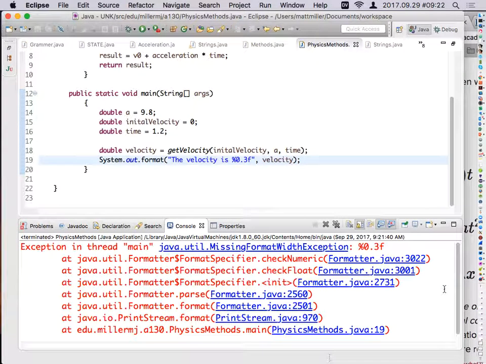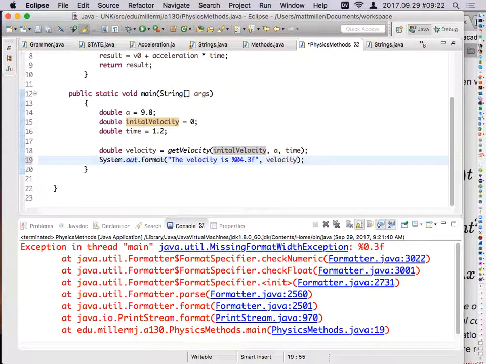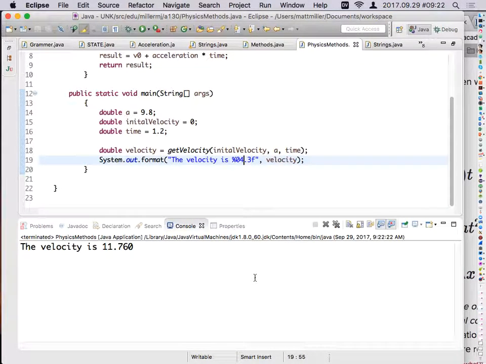Another number in front of the period. Oh. Like that. Like that. There we go. 0 means you do leading 0. You can do leading zeros, I guess. Maybe not in this one.